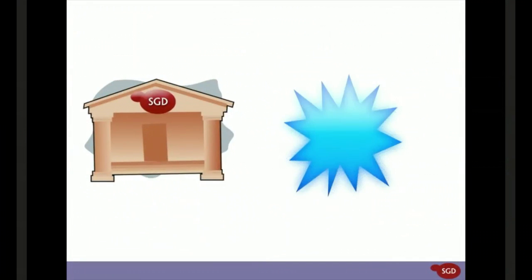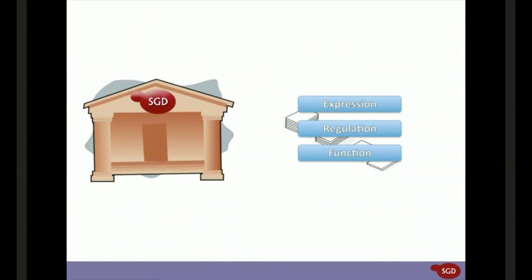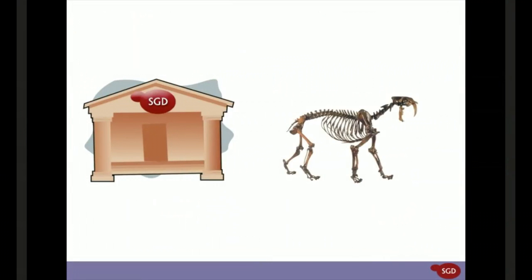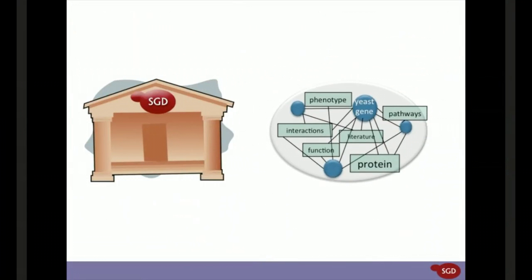SGD finds papers relevant to a gene, organizes their data into meaningful categories such as gene expression, regulation, function, etc., and puts them all together into one place, like reconstructing a skeleton, to drive a big picture understanding of a gene and its role in the cell. Essentially, using SGD is like walking into a museum and finding an exhibit for your favorite gene. It's interesting, it's incredibly informational, and it's much, much better than the tar pit.